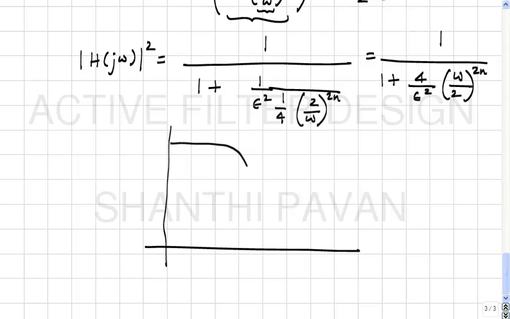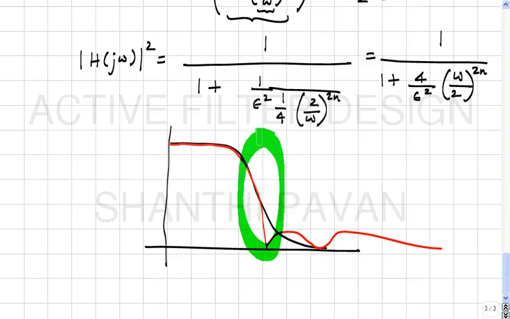This is the Butterworth, and the inverse Chebyshev is probably something like this, but then it's got zeros, something like this. So the zeros of transmission help in making the transition band much sharper than the Butterworth.